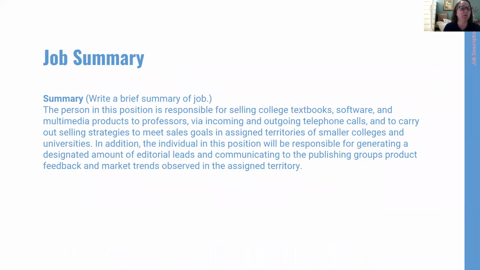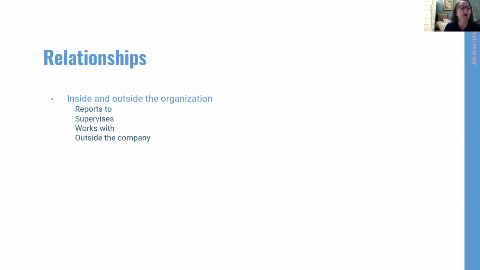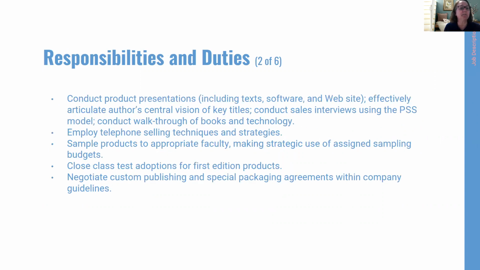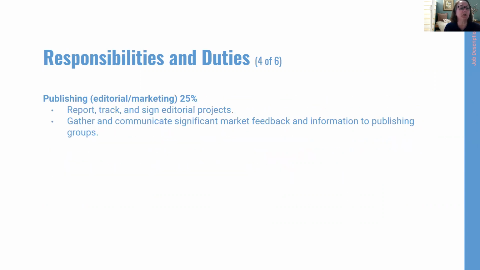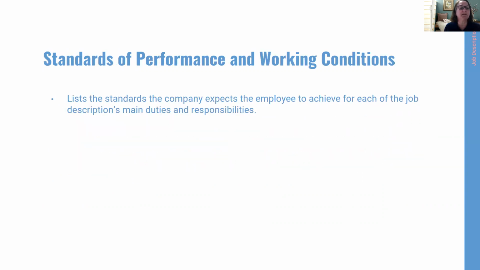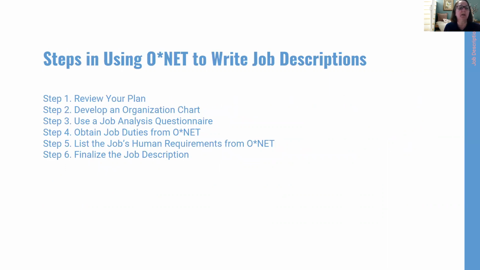It can have different components and everything. So a job summary, relationships like who supervises you, who do you report to, and so on. Responsibilities, you want to be very clear about these, right? And there's samples there that you can look at.